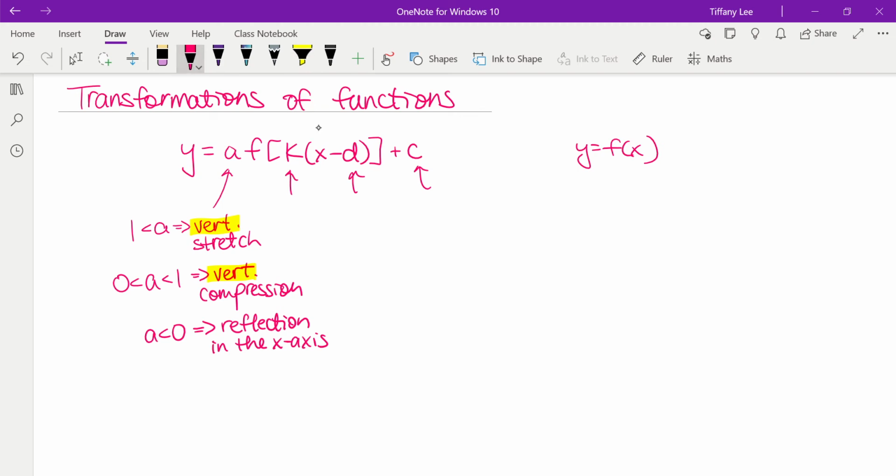Now, how about k? With k, when k is greater than 1, you're going to have a horizontal compression. And when k is greater than 0 but less than 1, you're going to have a horizontal stretch.